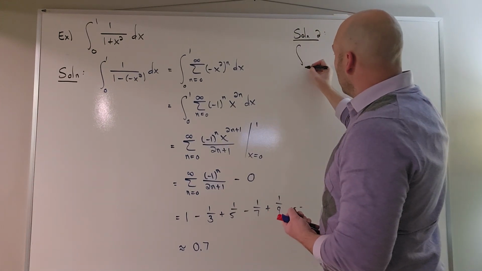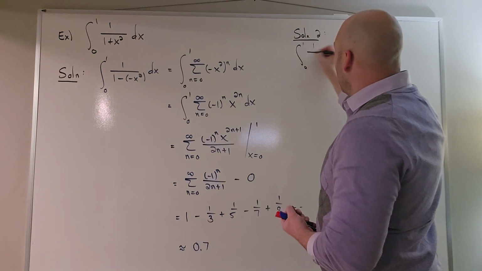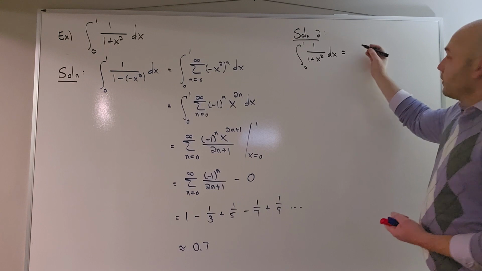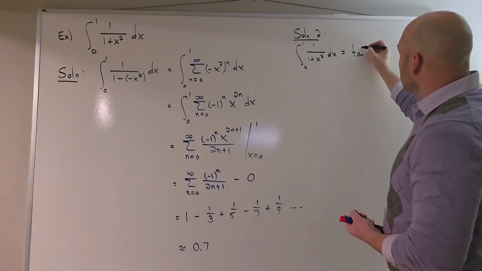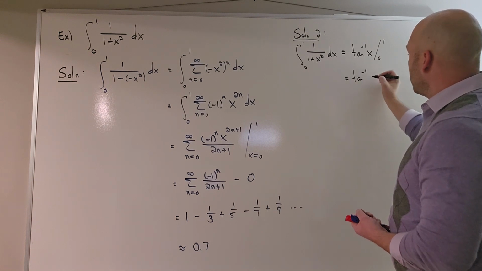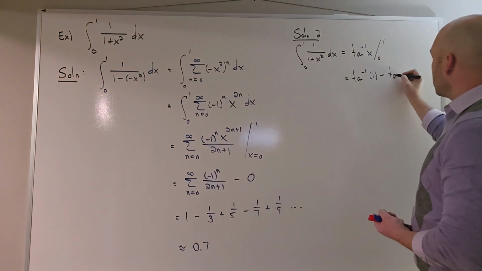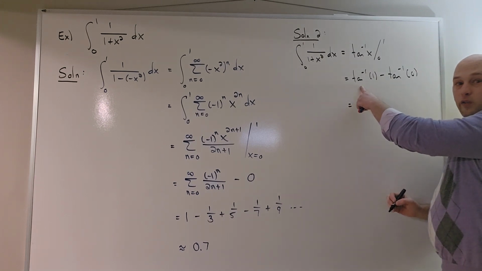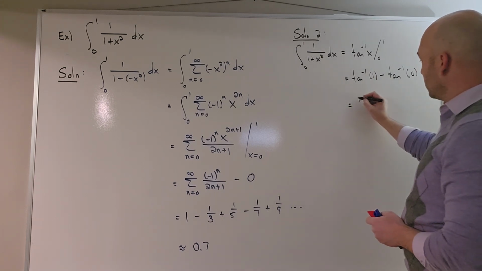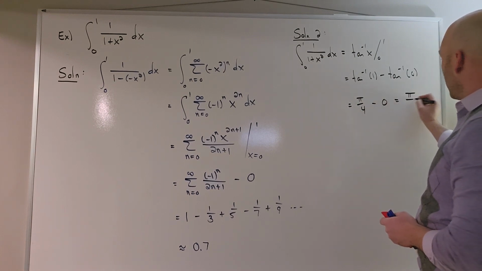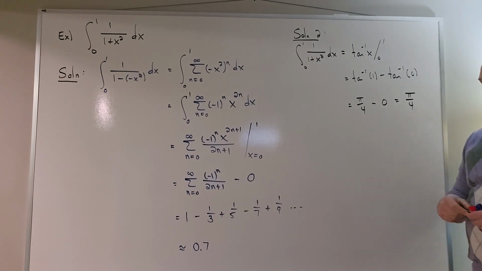We know that the integral from 0 to 1 of 1 over 1 plus x squared dx is the inverse tangent, evaluated from 0 to 1, which would be tan inverse of 1 minus tan inverse of 0. Tan inverse of 1 is pi over 4. Tan inverse of 0 is 0, and therefore the value of the integral is actually pi over 4.